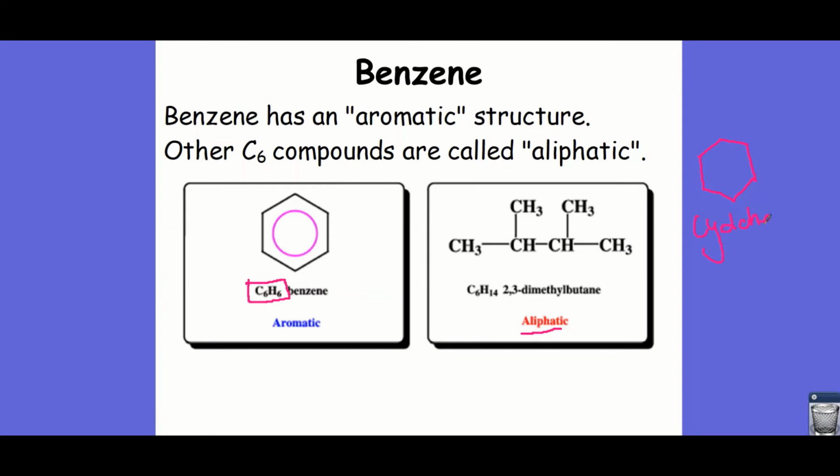Because I haven't got that circle in the middle like I do in benzene, I would expect that coming out of each of those little corners, which we know is a carbon atom, I would have two hydrogens. Okay, so that's cyclohexane, that is aliphatic, and benzene with this circle in the middle representing the delocalized electrons is aromatic.